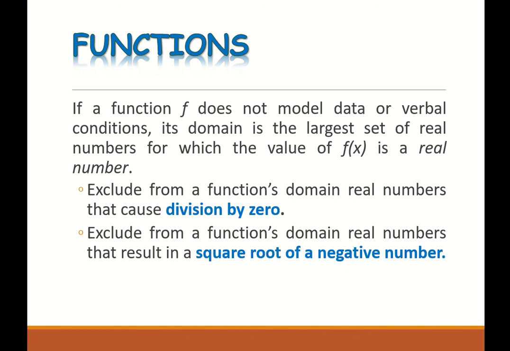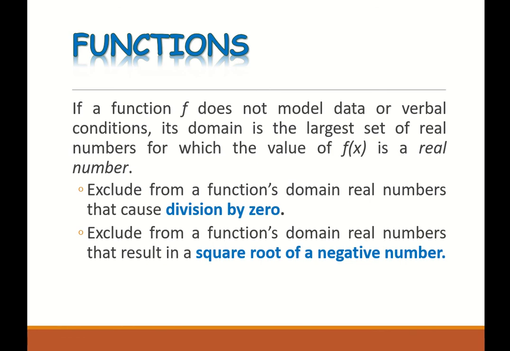Now we have here a condition that if a function does not model data or verbal conditions, its domain is the largest set of real numbers for which the value of f of x is a real number.